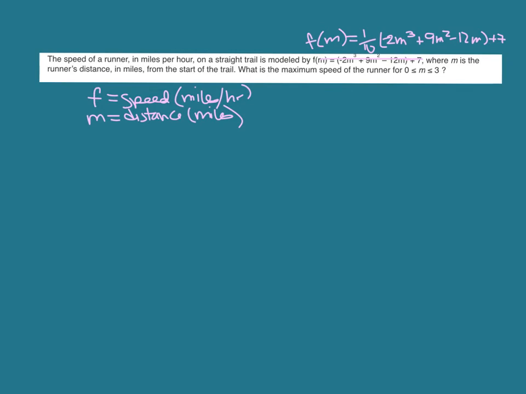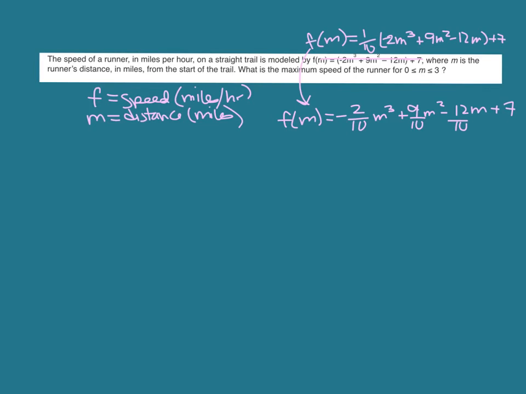So first thing I'm going to do is actually simplify this f of m just to make it easier to deal with. You can take the derivative without simplifying, but you hopefully noticed by now that simplification will often make your life a little bit easier before you take a derivative. If you haven't noticed that, then I'm telling you now.